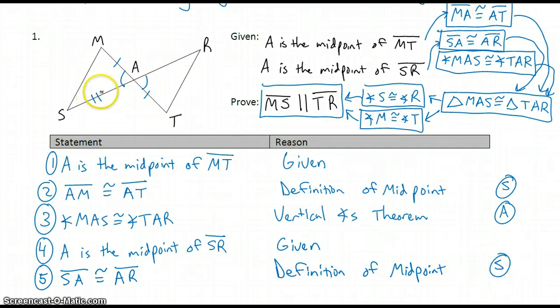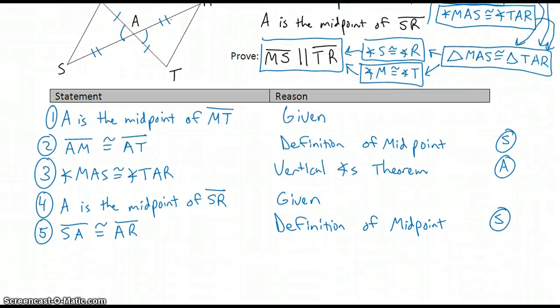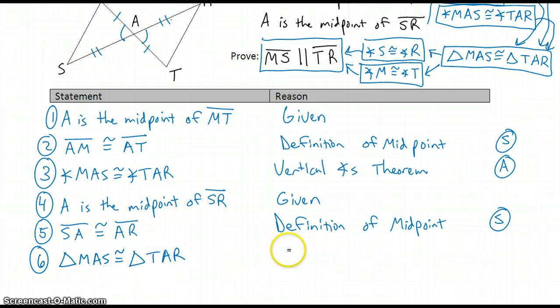I'm going to mark those segments congruent. So these two triangles are congruent by side, angle, side. So I'm going to state that. Triangle MAS is congruent to triangle TAR by side, angle, side.